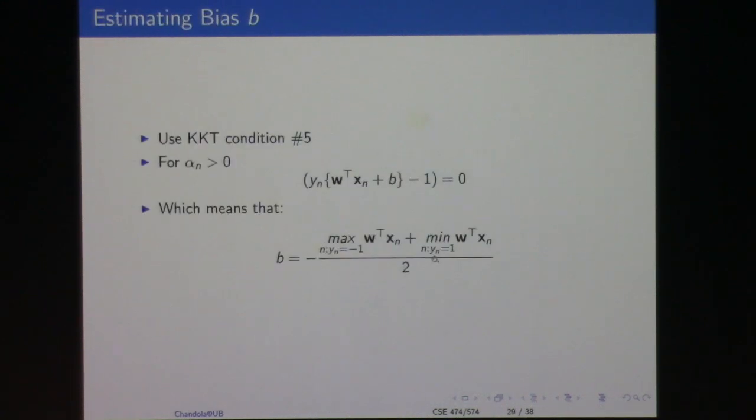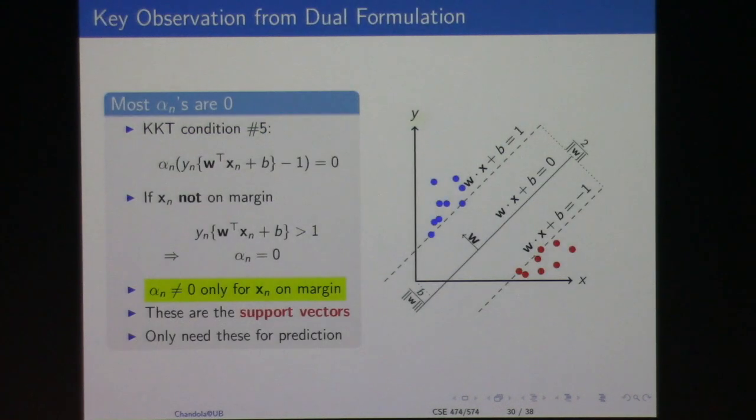So now we have W and B. When a new data point comes, we can easily compute W transpose X star plus B, and if it's on this side, it's positive, on the other side it's negative. Very easy. Now another observation that we made was that alpha n will be non-zero only if your data points are on the margin.